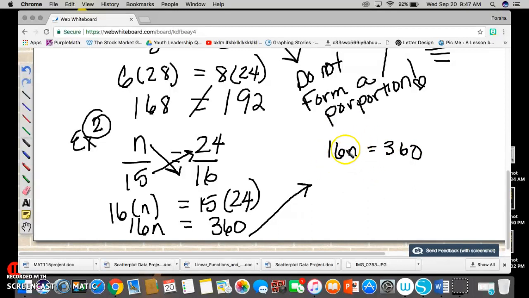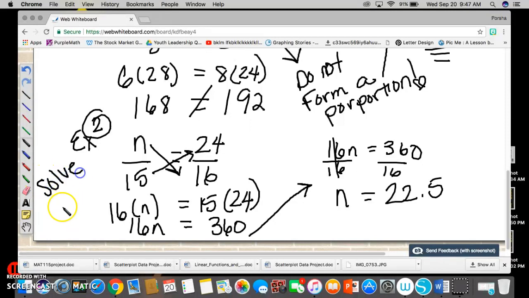And here, I'm trying to isolate the variable n. And in order to do that, I'm going to divide by 16 on both sides. So 360 divided by 16 is going to give me 22.5. So that's how you solve proportions right here.